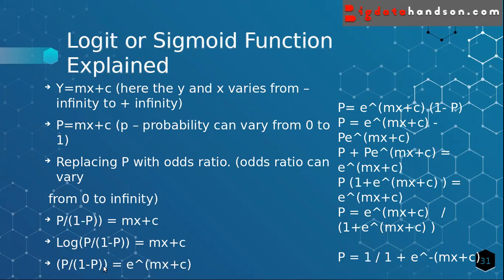Okay, now the denominator we are taking to the other side. This side it came 1 minus p, and we are multiplying it inside, 1 and p. Okay, and then we are taking the common element p outside, and we have 1 plus e power mx plus c equal to e power mx plus c. And then this part we are taking to the right hand side, so it is divided.